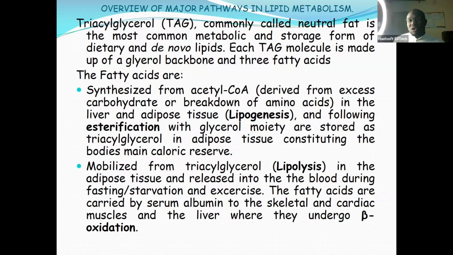When triglycerol is being broken down, it's known as lipolysis, to give you the free fatty acids and the glycerol backbone. Then once we want to immobilize to get triglycerol, we can build up the free fatty acids and glycerol to give us triglycerol.